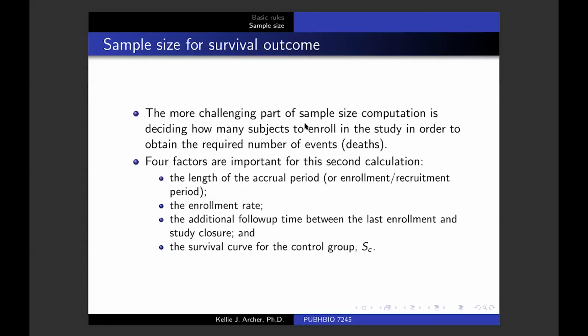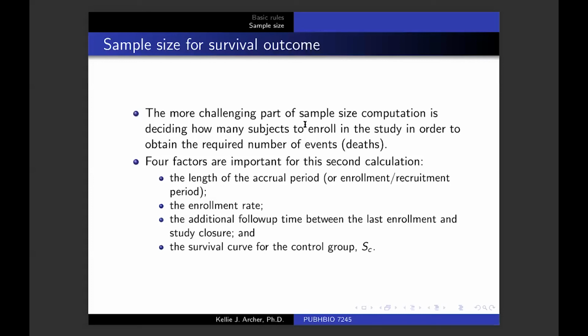So calculating sample size for survival endpoints is much more challenging because we have to decide how many subjects to enroll in the study in order to obtain the required number of events. In our example on the previous slide, we needed 249 subjects to be enrolled and experience the event, which means we need a lot more subjects enrolled in the study than just the 249.